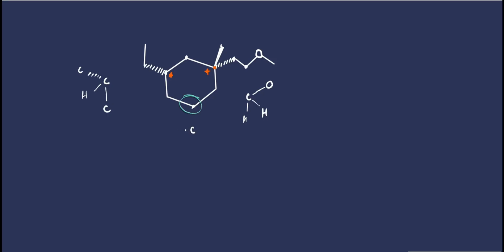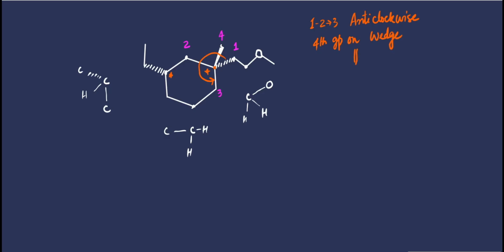And this one is bonded to 1 carbon and 2 hydrogens. Thus this gets number 1. This gets number 2. This gets number 3 priority. The methyl carbon gets number 4. The arrow from 1 to 2 to 3 moves anticlockwise, with group 4 on wedges, hence the absolute configuration is R.